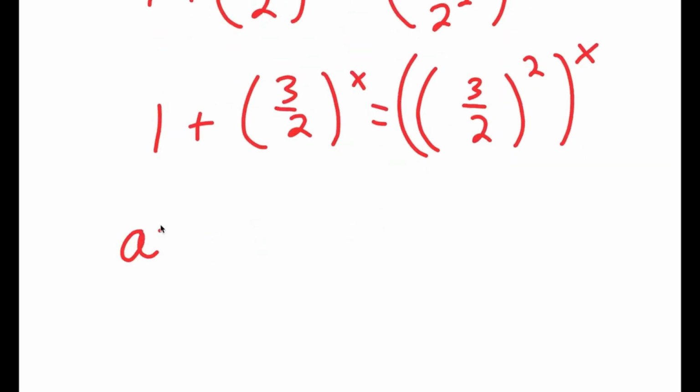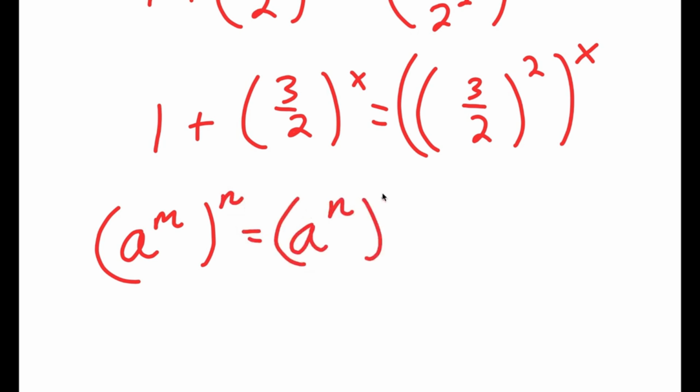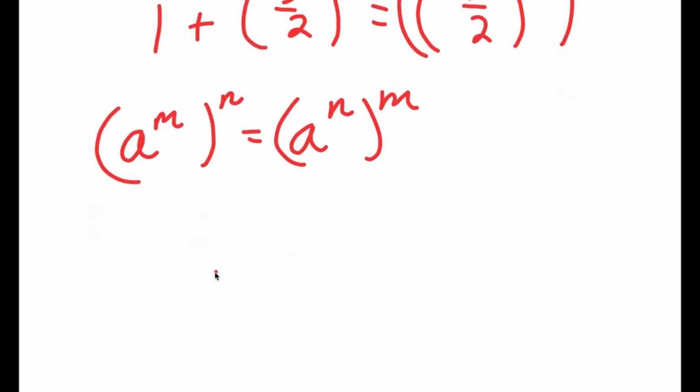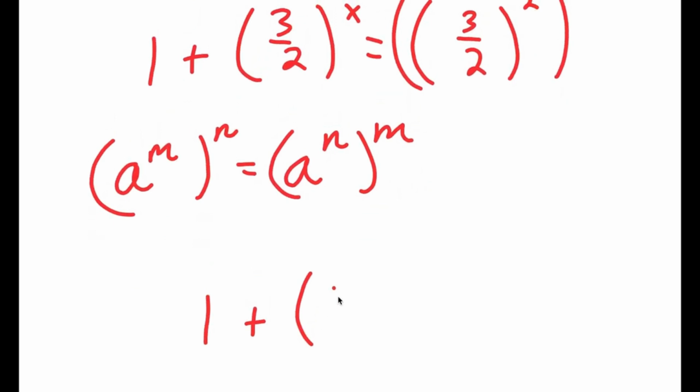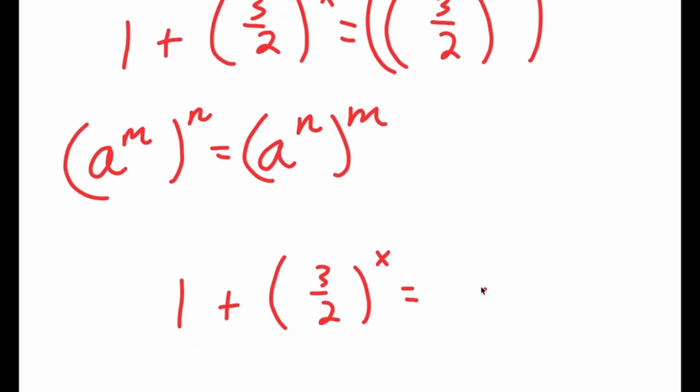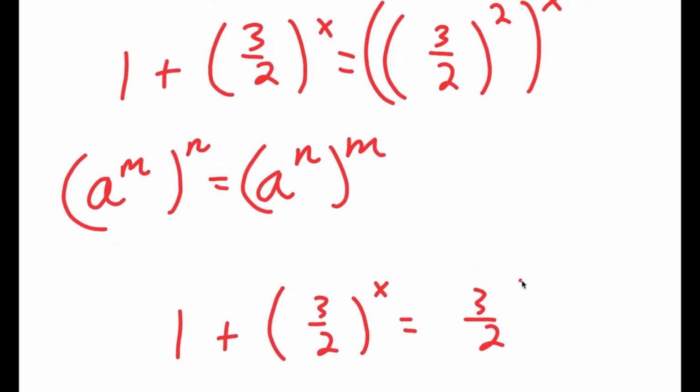And if I have something in the form a to the power of m over a to the power of n, this is the same thing as a over b to the power of m. So this can equal 1 plus 3 over 2 to the power of x, which is equal to 3 over 2 to the power of x to the power of 2.